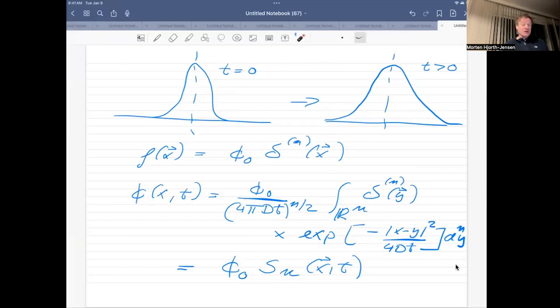We can then show that we can interpret this process in terms of a transition probability multiplied with an initial distribution, which then propagates in time and gives us a final distribution. And this initial distribution is multiplied with a fundamental solution of the diffusion equation, which is a Gaussian.